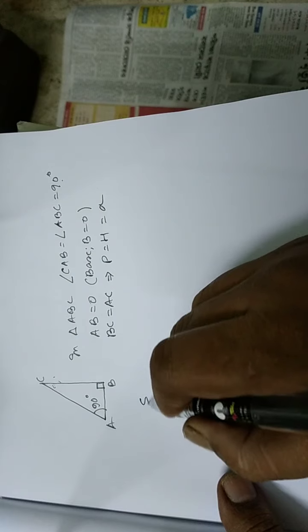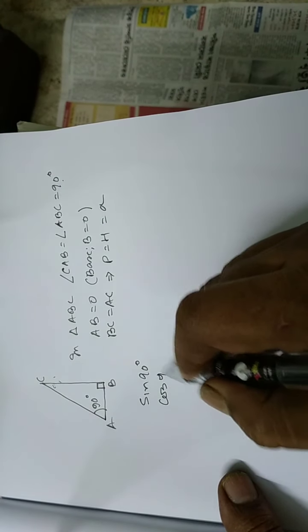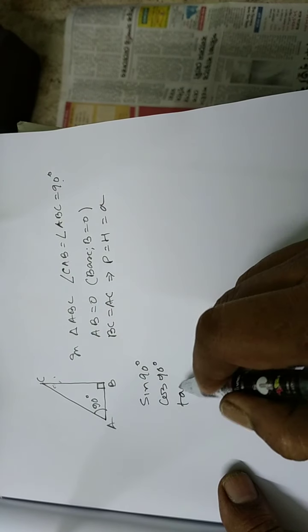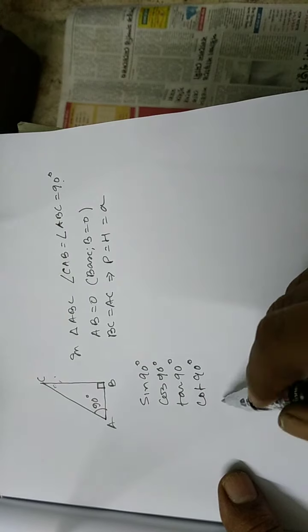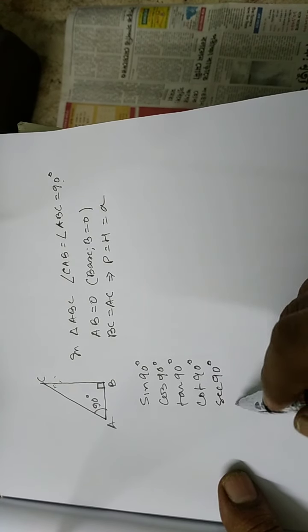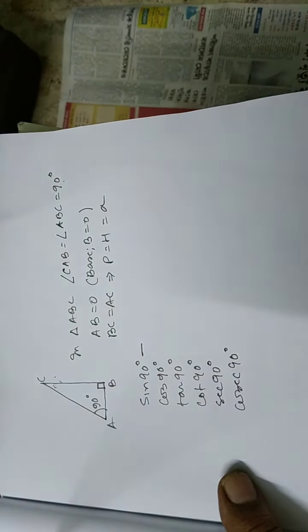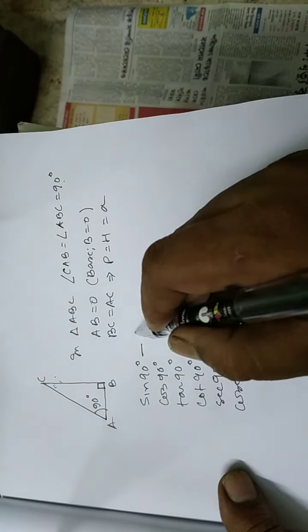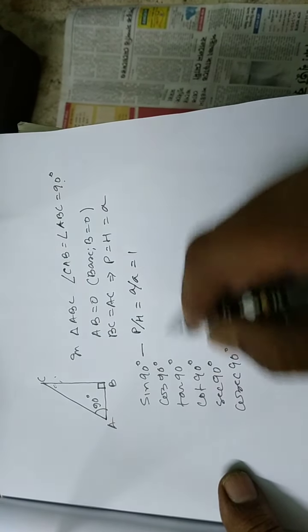Then it is simple. Sin 90 degree, cos 90 degree, tan 90 degree, cot 90 degree, sec 90 degree, cosec 90 degree. Sin 90 degree, perpendicular by hypotenuse, A by A, 1.